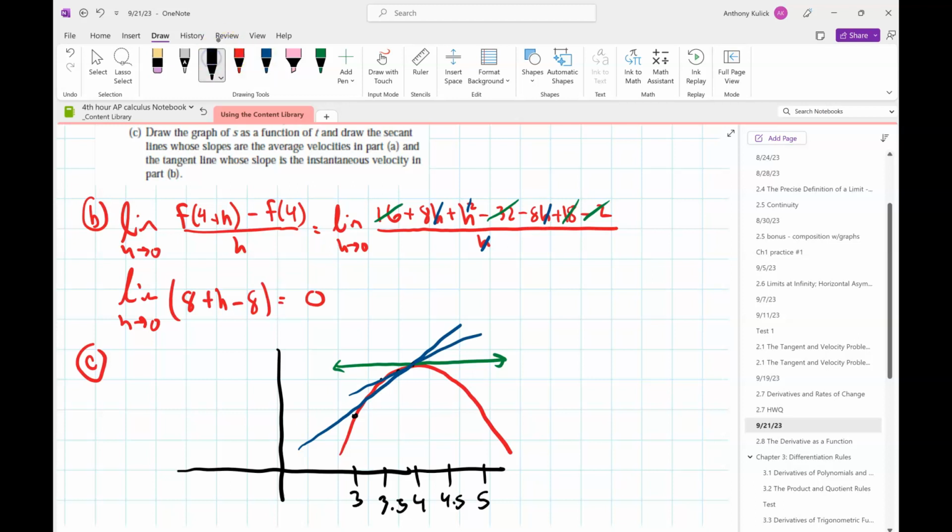So that's what we're doing. 4 to 4.5, it's like that. 5 to 4 is like that. So that's their picture. I'm sorry, it said secant lines, not tangents. But that's the gist of it.